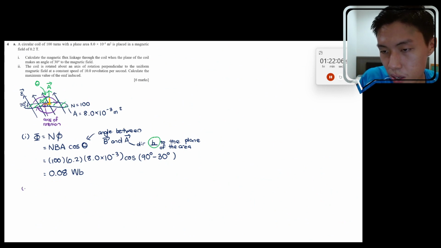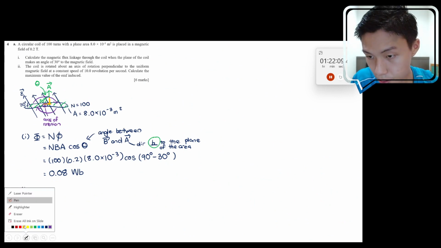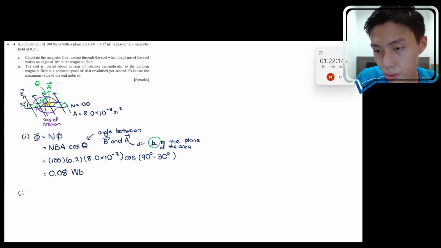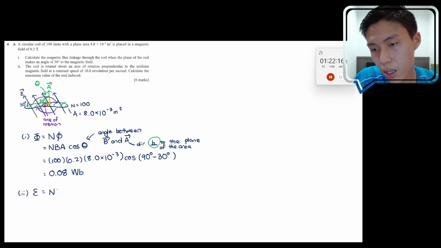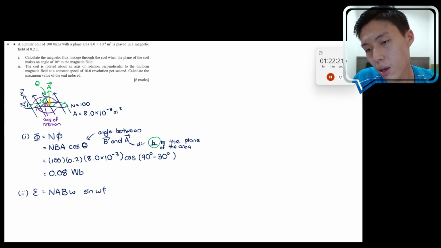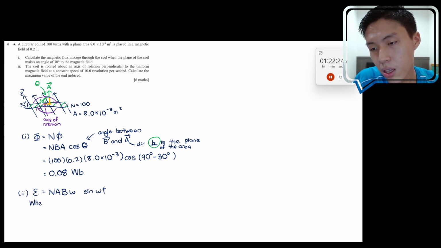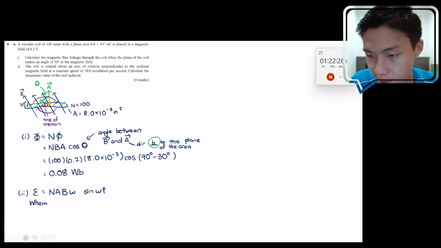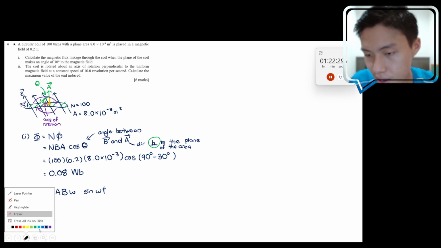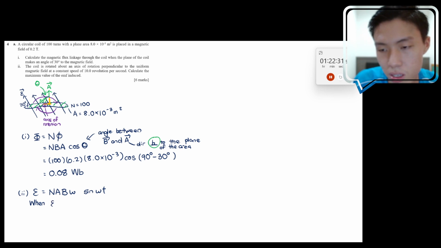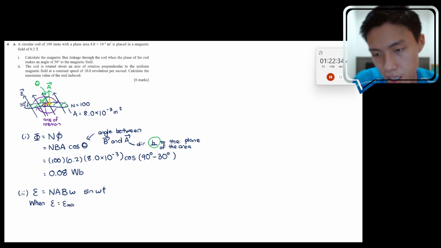The equation is NAB omega sine omega t. When epsilon is equal to epsilon max, you can make a statement saying that sine omega t will be equal to 1.